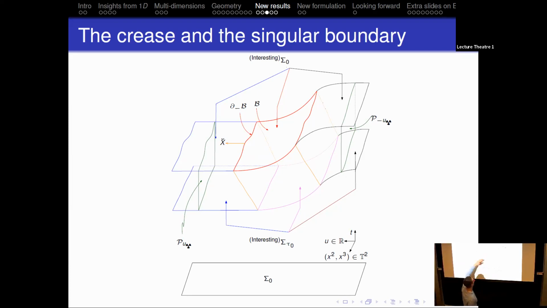This part of the development we constructed in our first paper. And I should mention that this is a picture in (t, u, x2, x3) coordinates, so geometric coordinates.